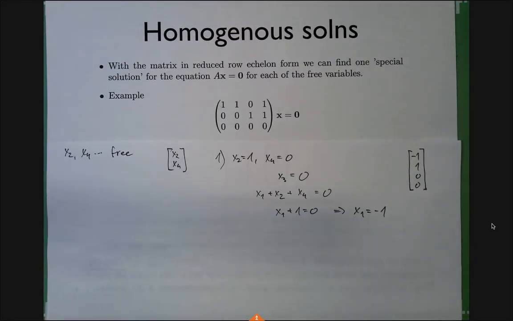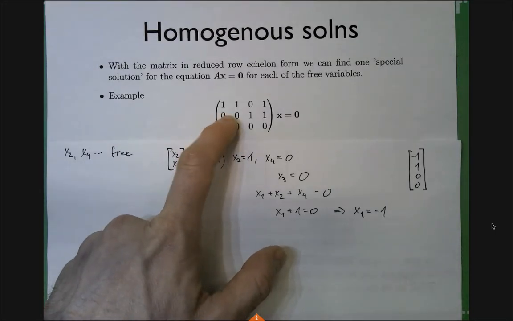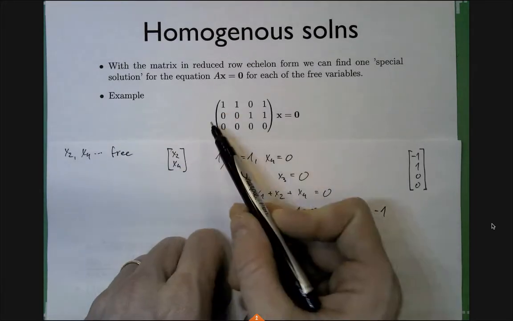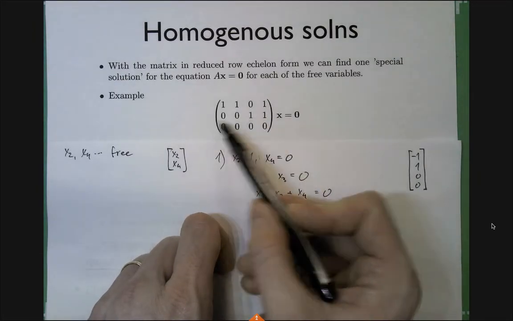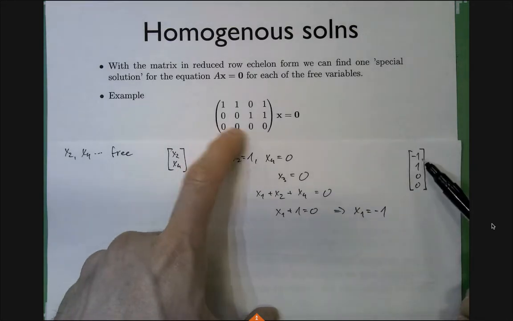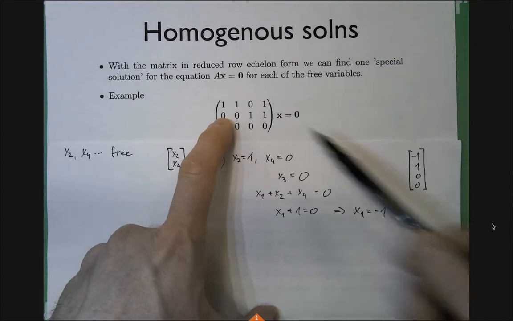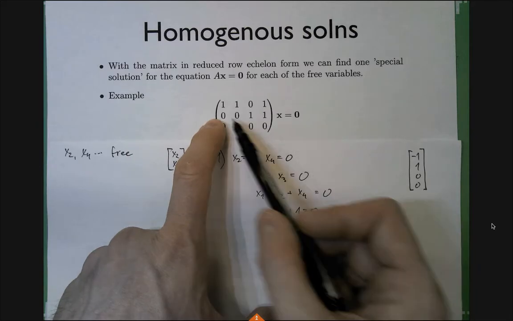Let's check that it solves our original system. Let's check that it solves this one. That's easy, right? If I do a dot product of this row and this column, clearly I get 0, trivially, because I'm only hitting zeros with non-zeros. And if I do the dot product of the first row with this column, I get minus 1 plus 1.